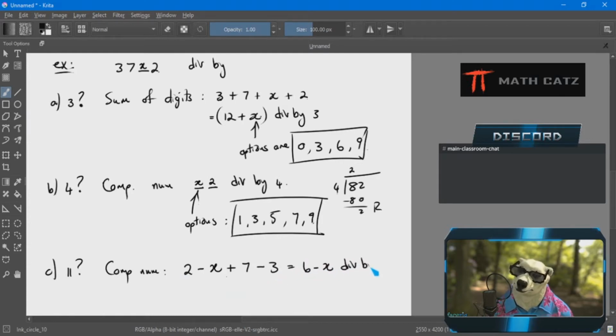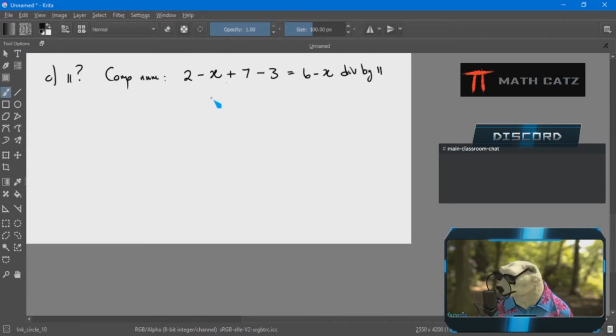That has to be divisible by 11. 11 is a little different, though it has a similar strategy to the sum of the digits. All right, so now my options here, sort of guess and check. Options for x are 0. No, because then this comparison number is 6. 6 isn't divisible by 11.